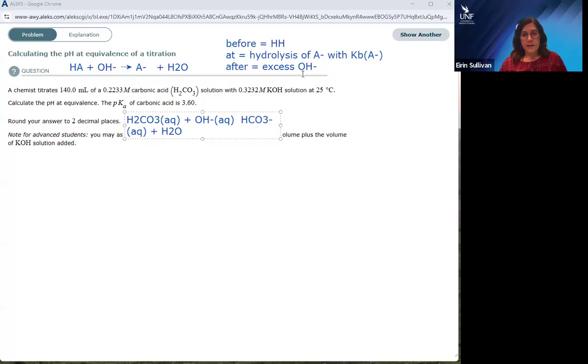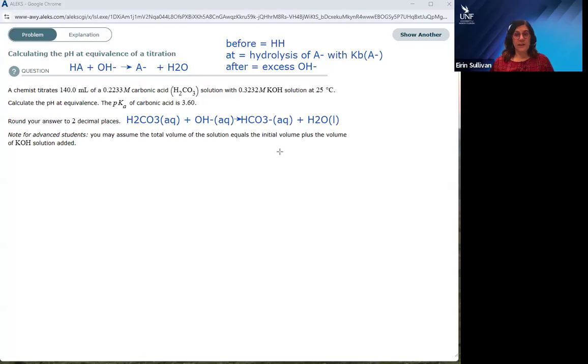So we're looking at this reaction of our hydrogen carbonate ion with water, because that in and of itself is going to undergo hydrolysis, and that is what's going to drive our pH after the equivalence point for a weak acid titrated with a strong base to actually be slightly basic, from the hydrolysis reaction of our weak base with water, because that is then going to go on with water to produce the weak acid that it's the conjugate of, and hydroxide.